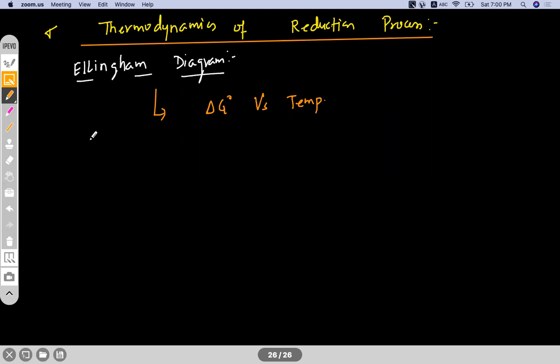In this, the reaction we are considering is the formation of oxide of various elements.